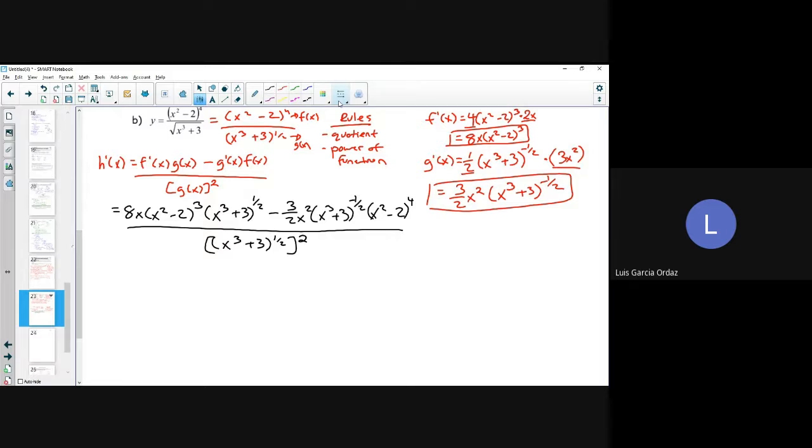So now what I have to do is I need to simplify. Okay, so I can simplify my denominator.